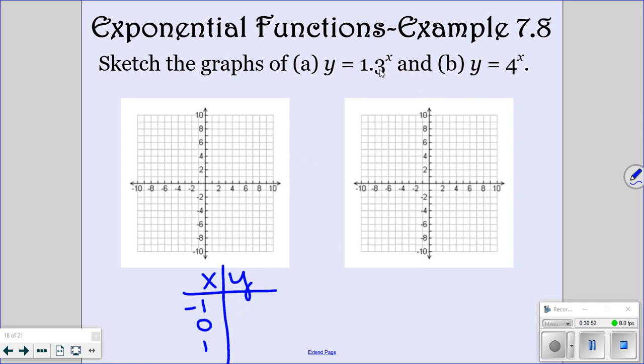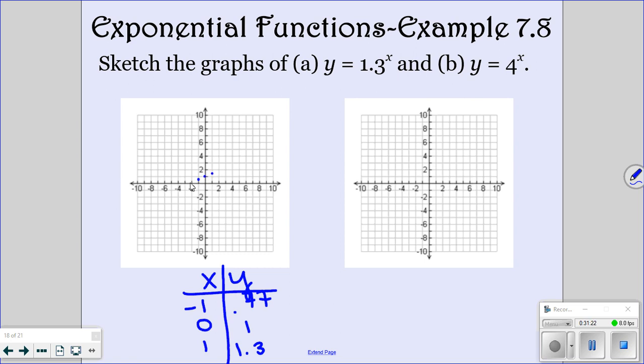So 1.3 to the -1 is about 0.77. 1.3 to the 0 is 1. And 1.3 to the 1 is 1.3. And so if you come up here and graph those points, that's about where that point is, and there, and there.